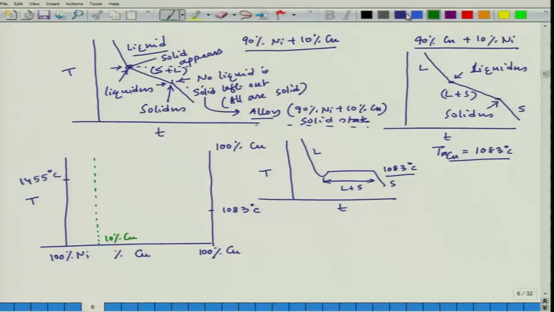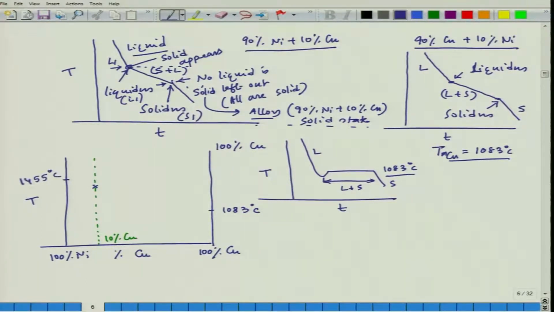So, let us say this is L1, the liquidus point, and the solidus point is S1.